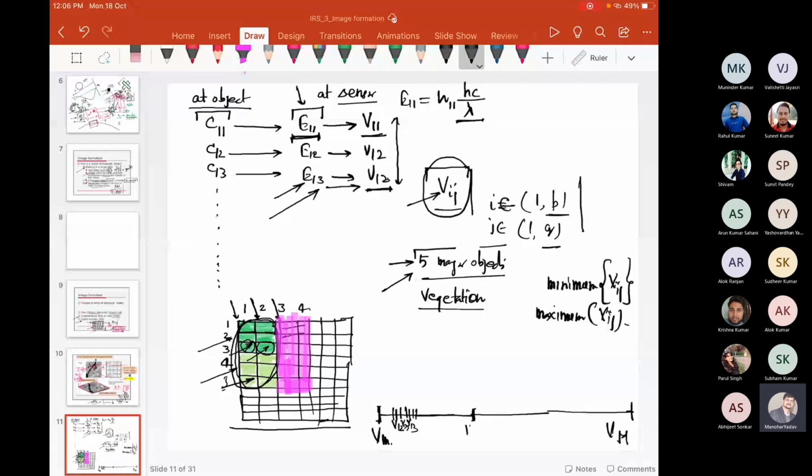Their voltages will be, let's say, V31, V32, V34, etc. So what you are analyzing over here is that certain voltages are clustered together, and the voltages which are clustered together represent the same type of object.